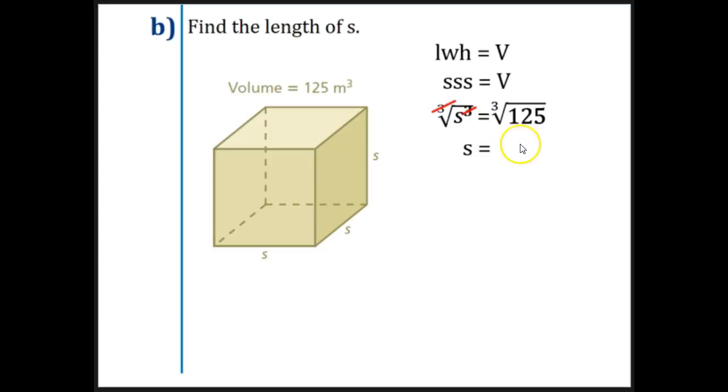It just looks a little different. But now I'm going to look at my note card, and what is the cube root of 125? 5. It's 5, right? So S is equal to 5 times 5 times 5, which means that S equals 5.